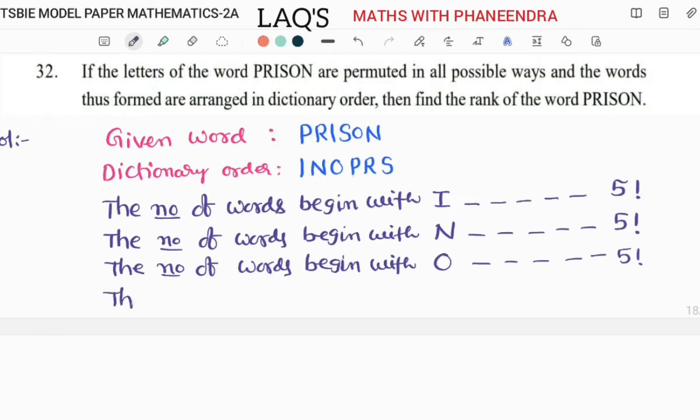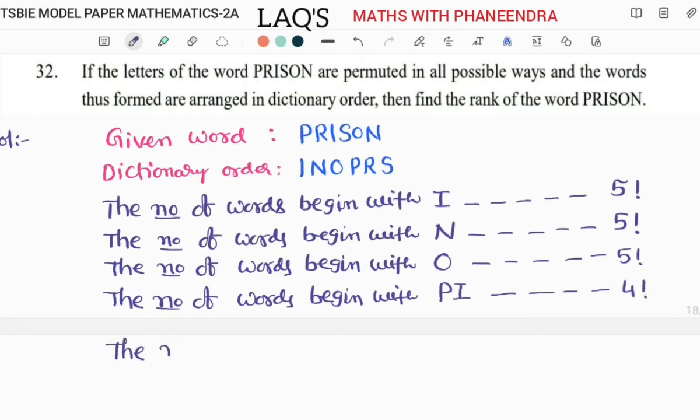Next, the number of words that begin with PI. If you fix PI, the remaining 4 letters are N, O and S, and these 4 letters can be arranged in 4 factorial ways.